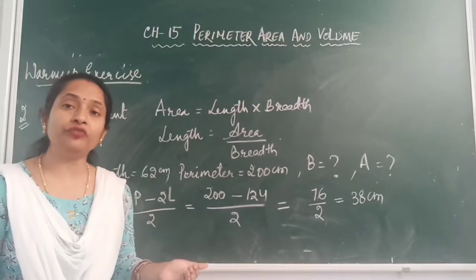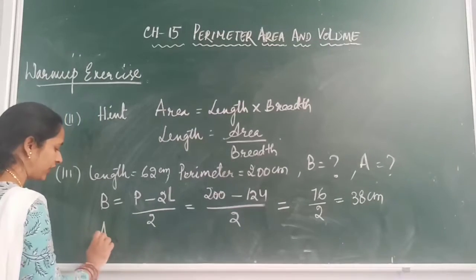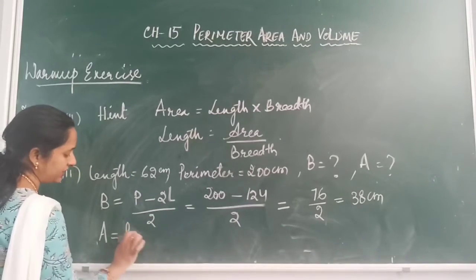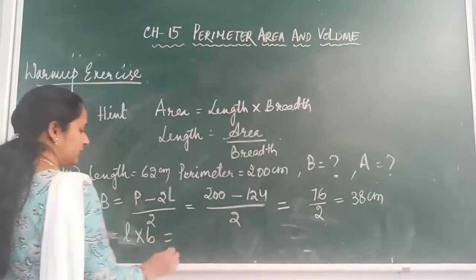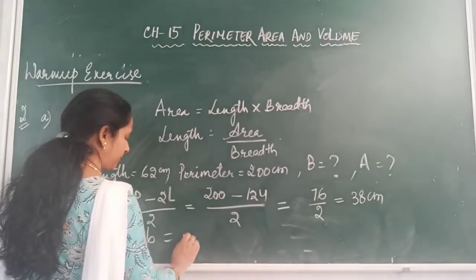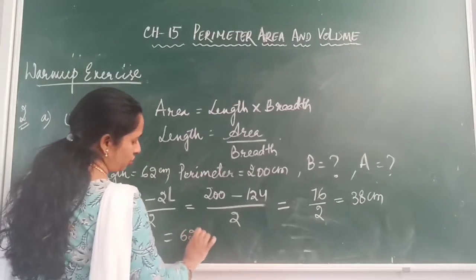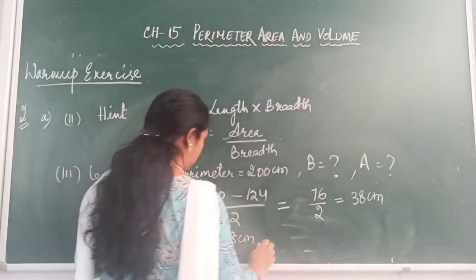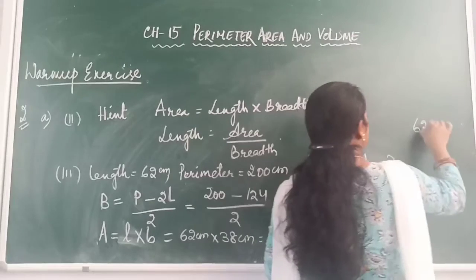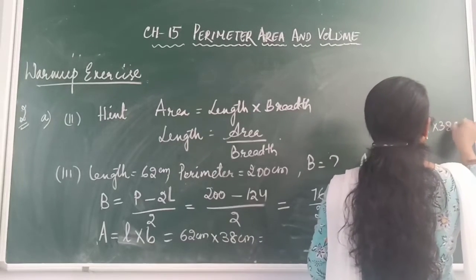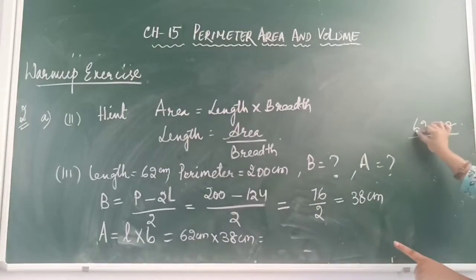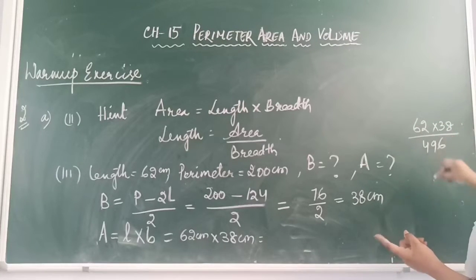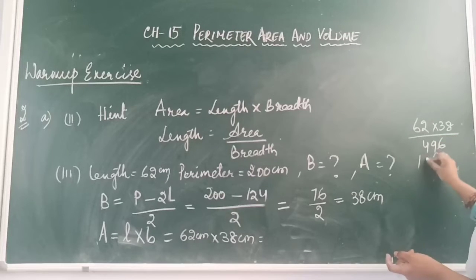Now you got breadth is 38. Now it is easy to find the area. What is the formula for area of a rectangle? Area is length into breadth. Let me write it as L into B. L is 62 centimeter multiplied by breadth, 38 centimeter. So multiply 62 by 38. 8 6s are 48, carry 4, 49. 3 2s are 6, 6 3s are 18.